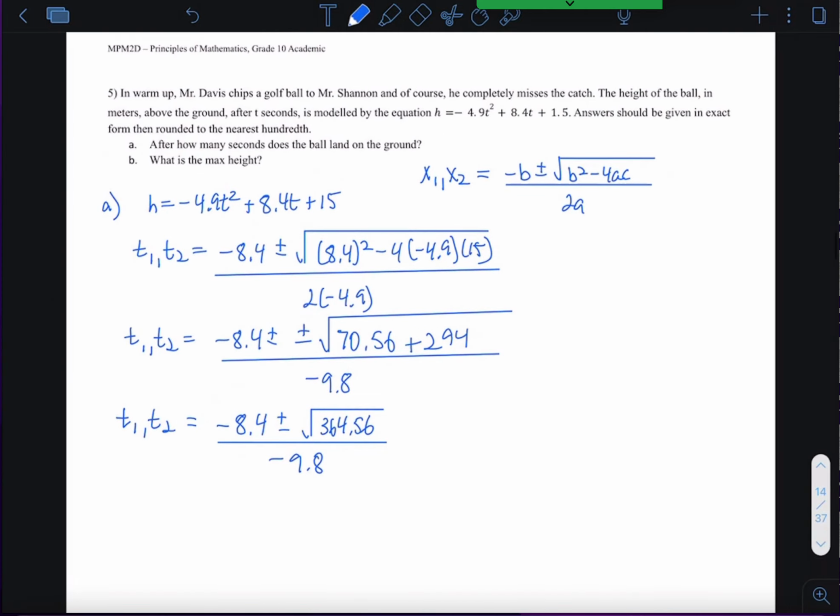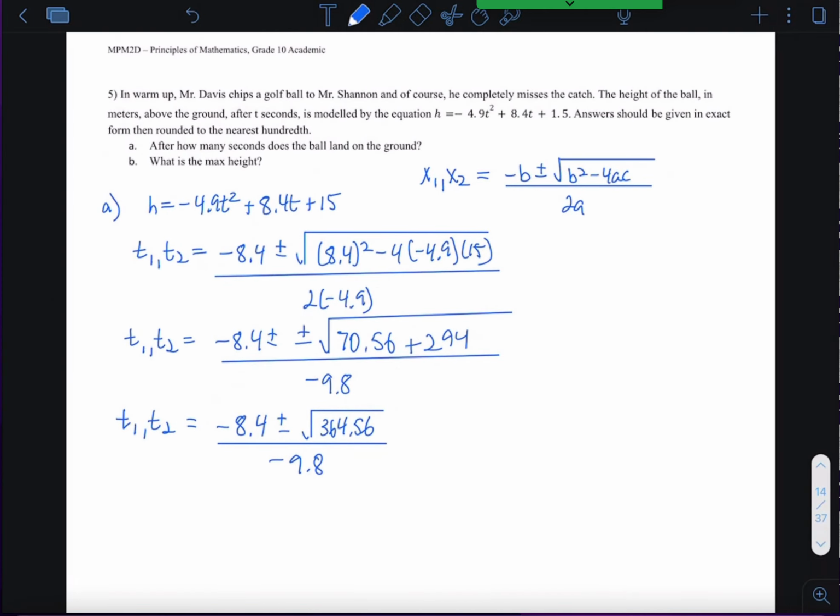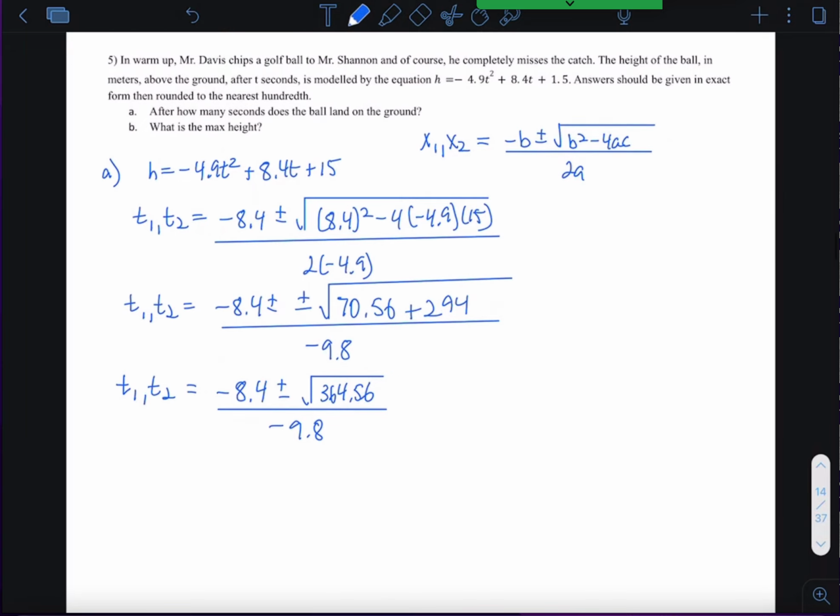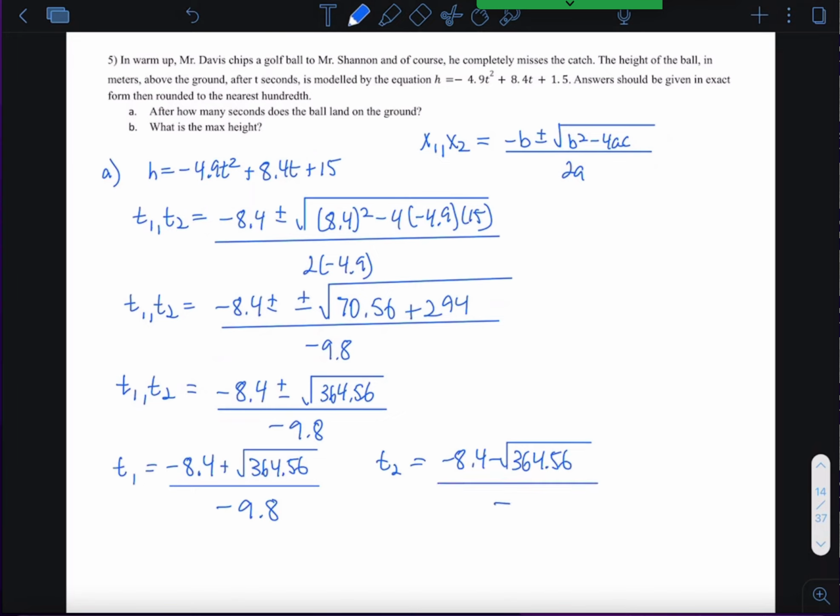So we know that if we have a negative, negative, negative, that will give us a positive number. So actually, let's write this out twice. So T1 is going to be 8.4 plus the square root of 364.56 over negative 9.8, negative 8.4 minus the square root of 364.56 over negative 9.8.